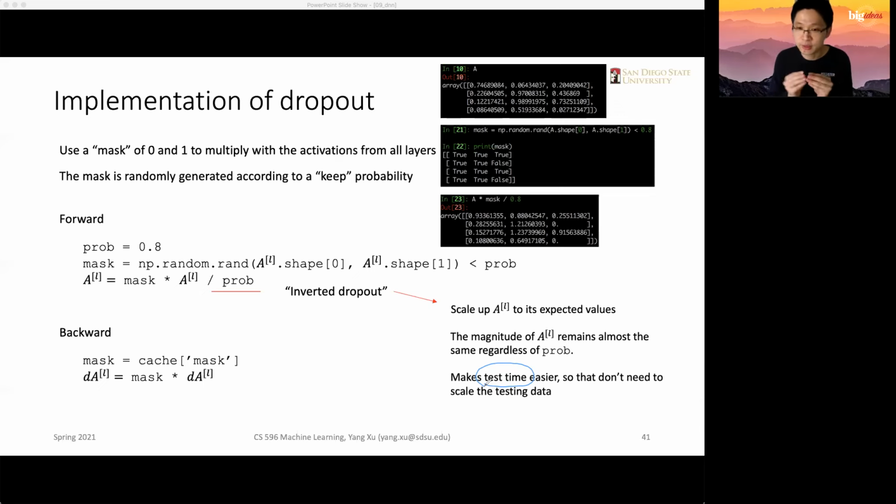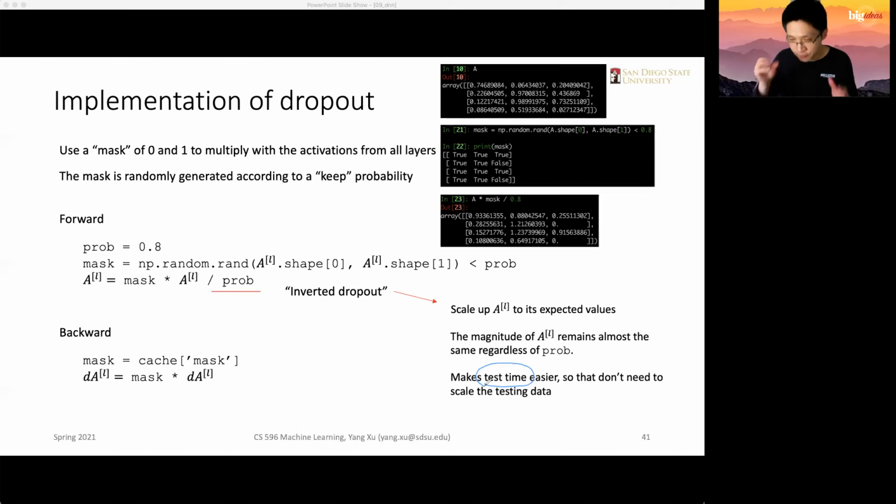There's no reason that we want to remove some neurons when we are testing a model. Because in the testing stage we include all the neurons, it's important that in the training stage we treat the total magnitude as if all the neurons exist.